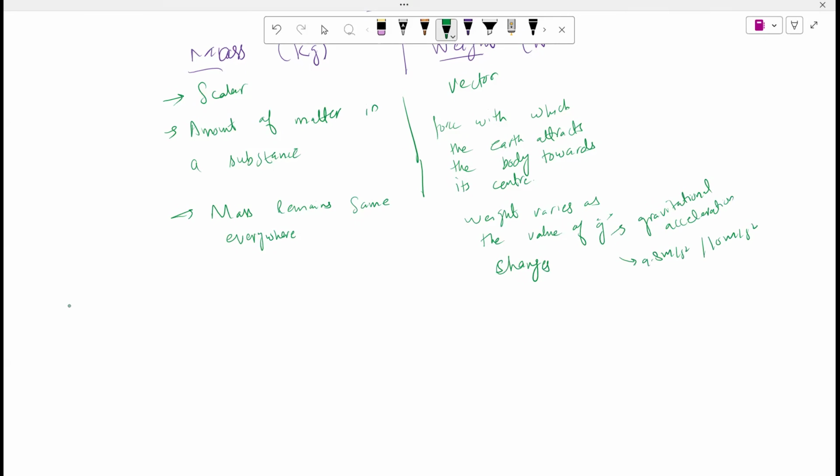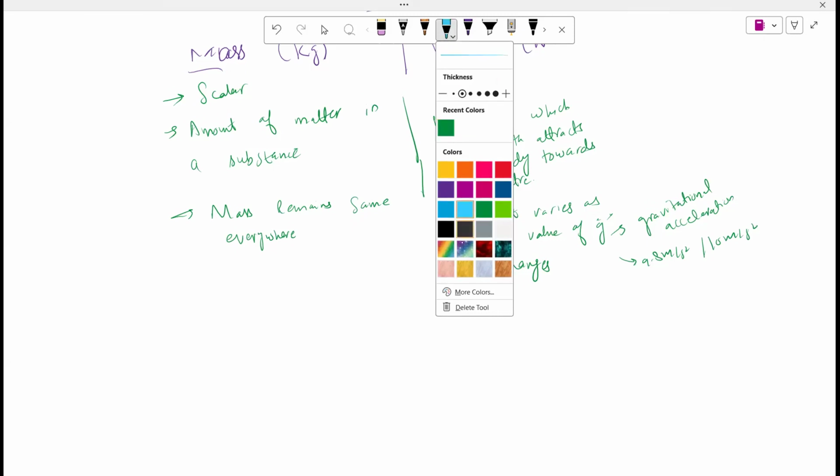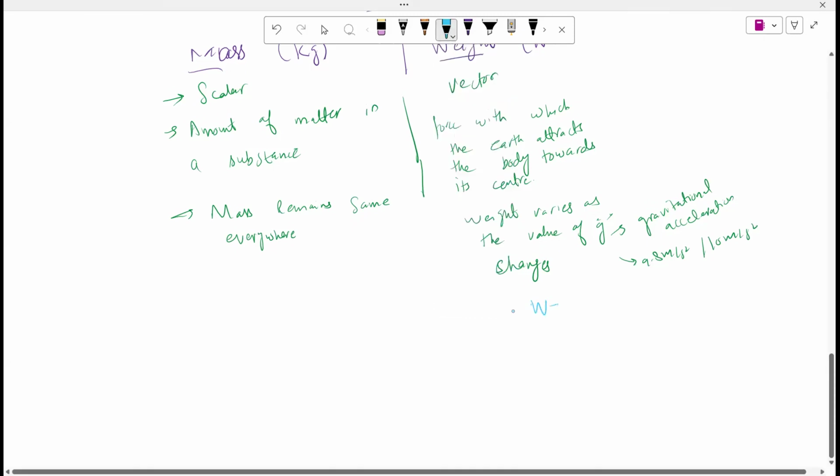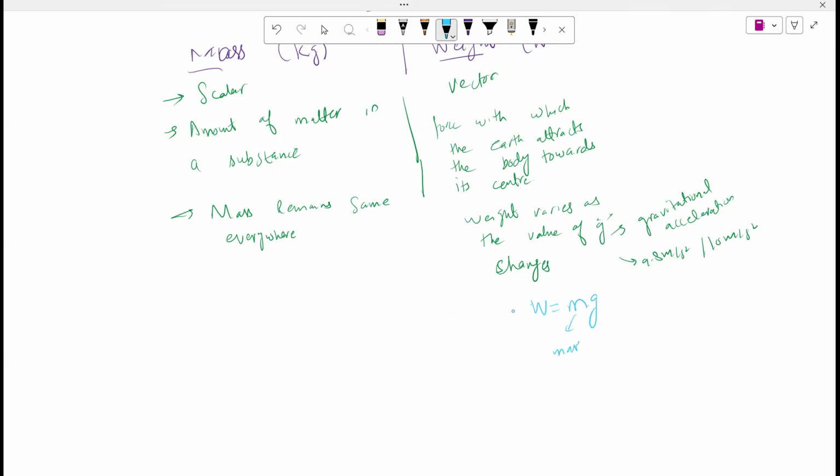So what is the formula of weight? Weight is given as mg, where m is the mass and g is the gravity.